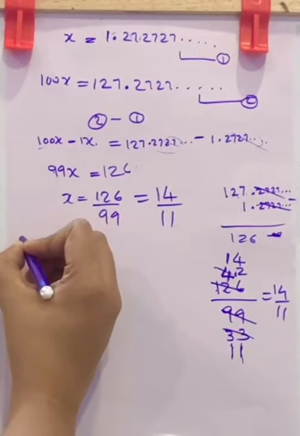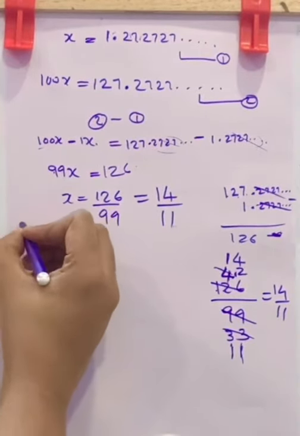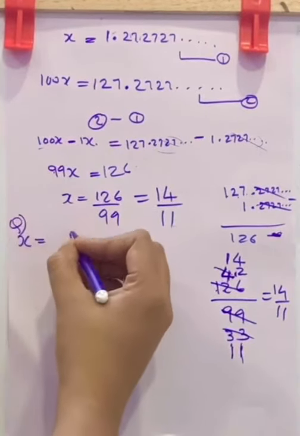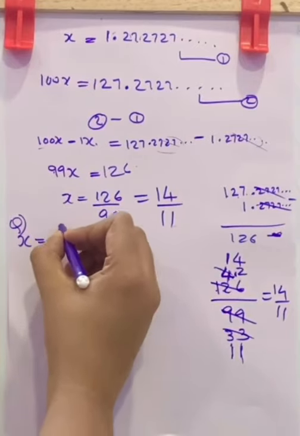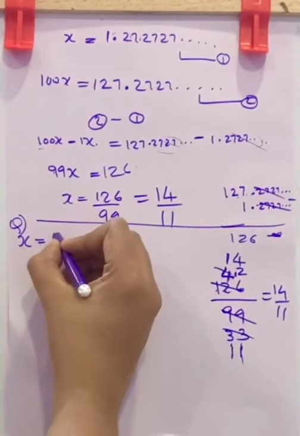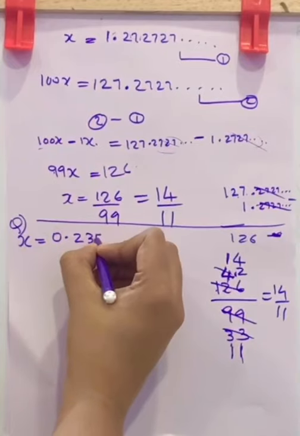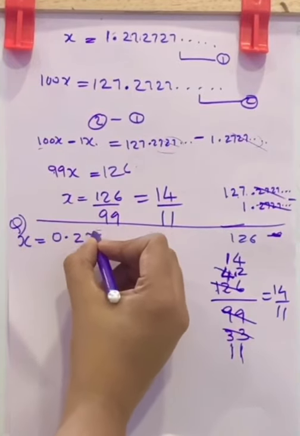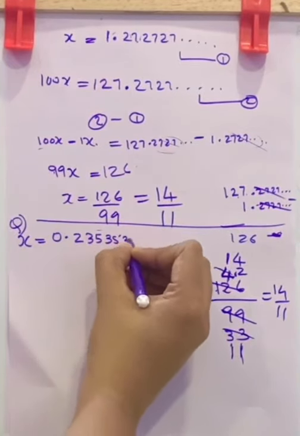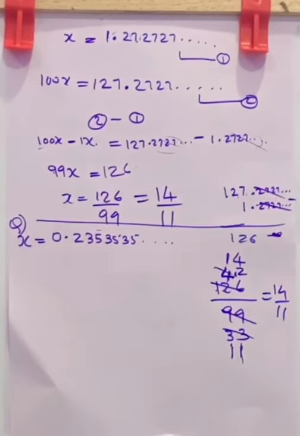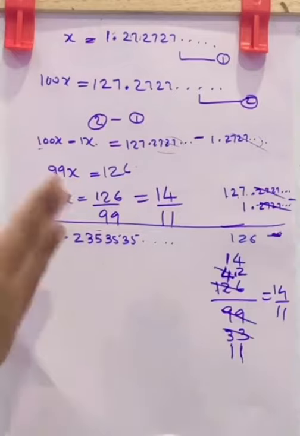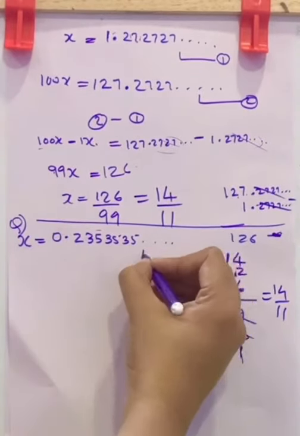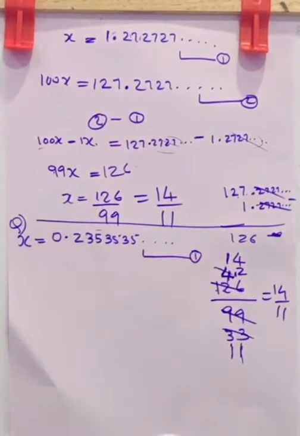Here the given question is x is equal to 0.2 with a bar over 35. That is, only 35 is repeating. 2 is not repeating. So in this type of question, this is equation 1, the given question.